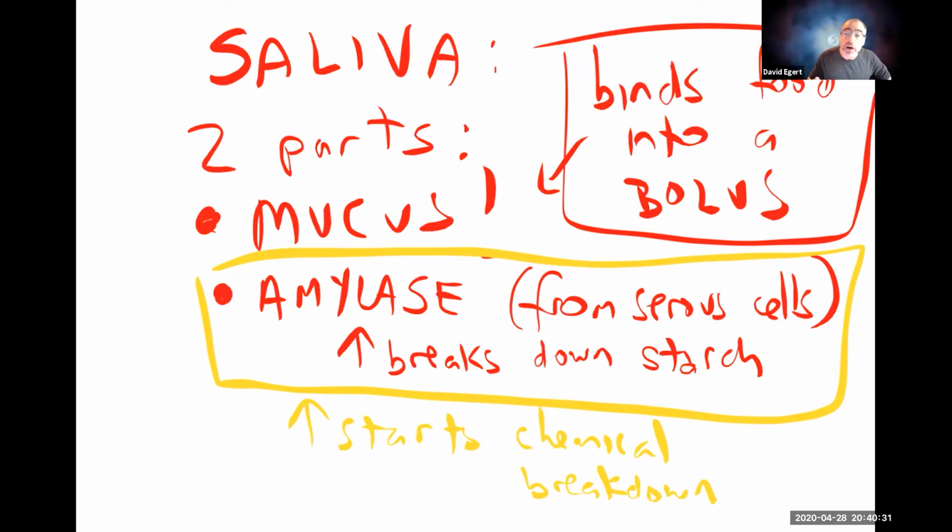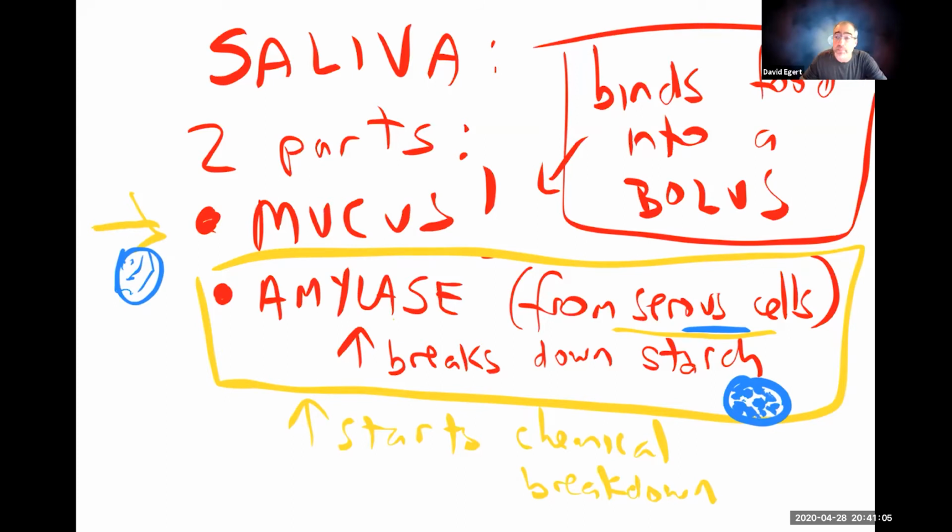Under the microscope, salivary glands are really cool. I like them a lot. They have mucus cells that look a lot like goblet cells. And then the serous cells that make the amylase. Serous cells are very filled with granules. They're very dark because they're making their little enzyme.